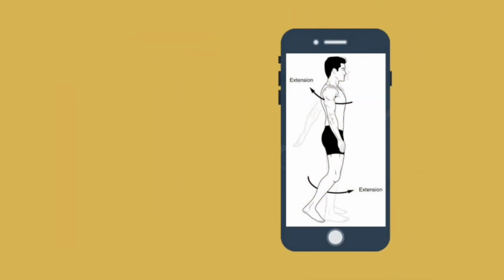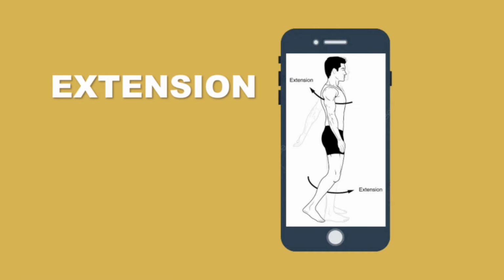The second movement is what we call extension. Extension is the opposite of flexion, describing a straightening movement between body parts or a body segment. One of the common examples of this movement is when standing up, our knees are extended and it straightens the lower limb of our body.